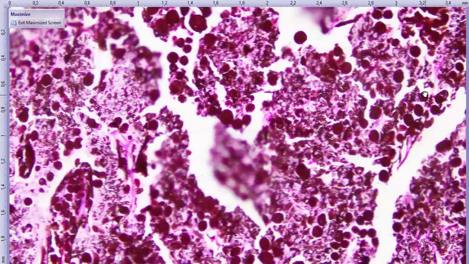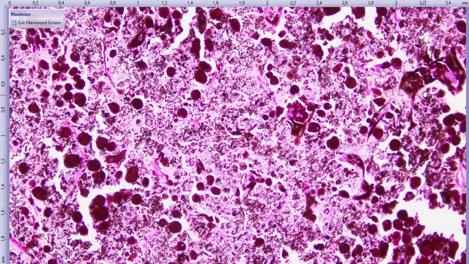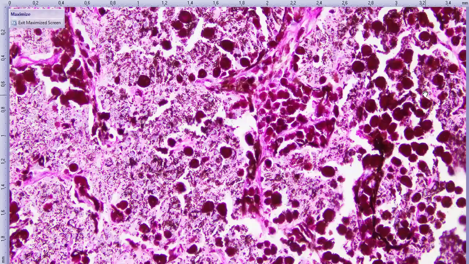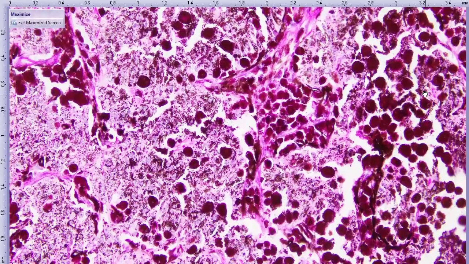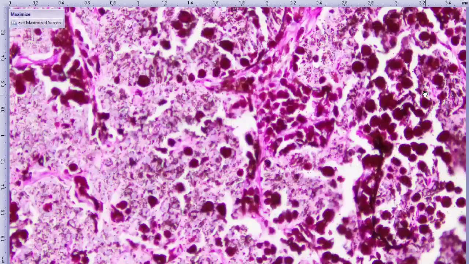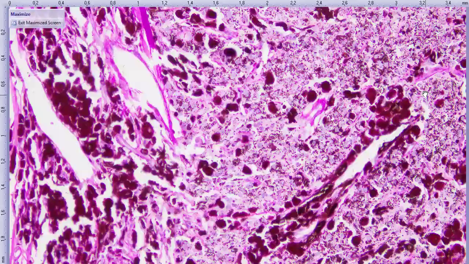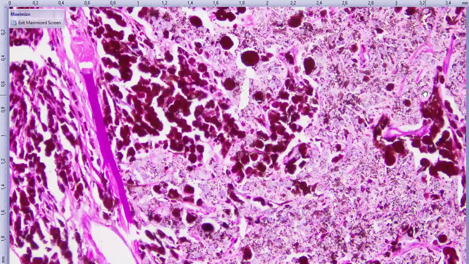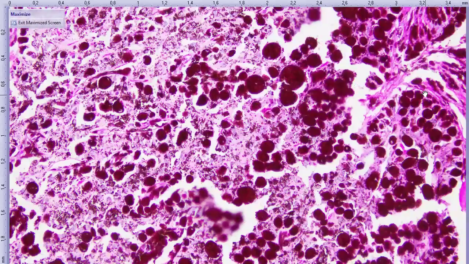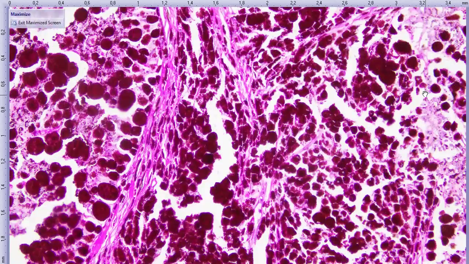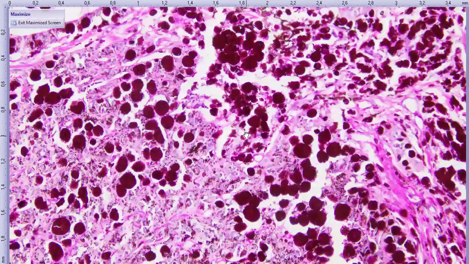It doesn't really like the black, so the camera here has a little harder time with the black. So here's Descemet's membrane, a piece of it, just to confirm. And you have these basement membranes going around.